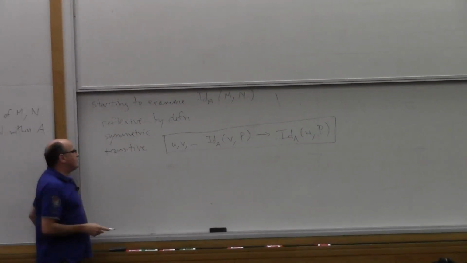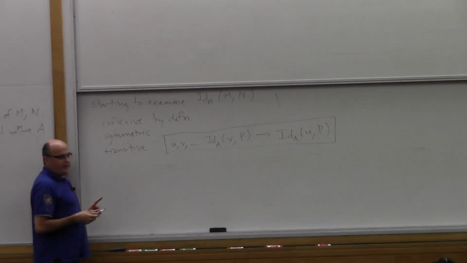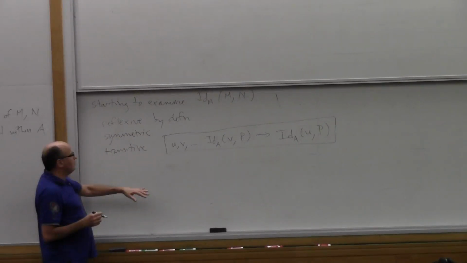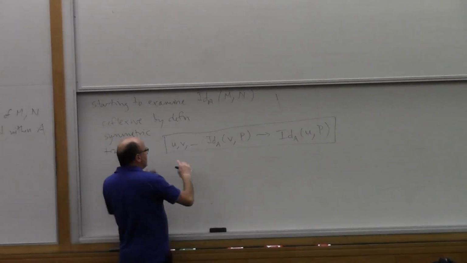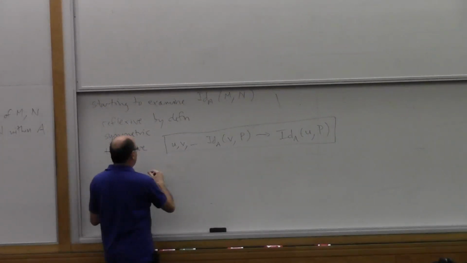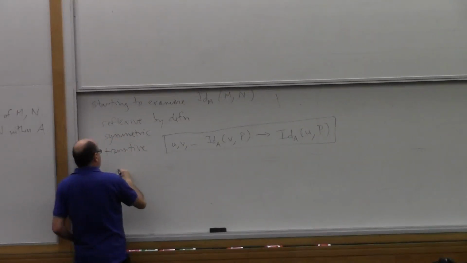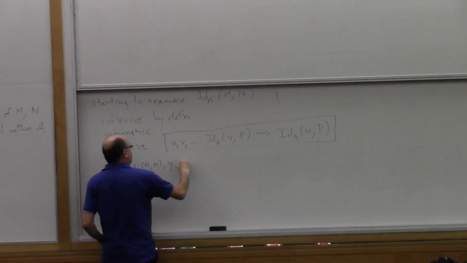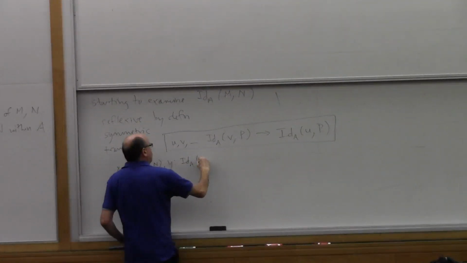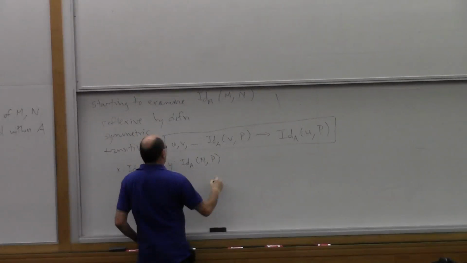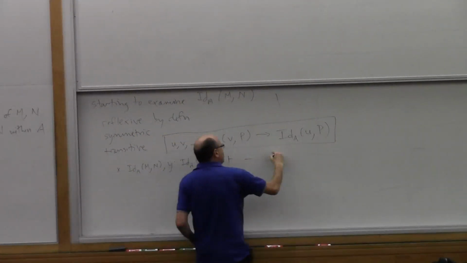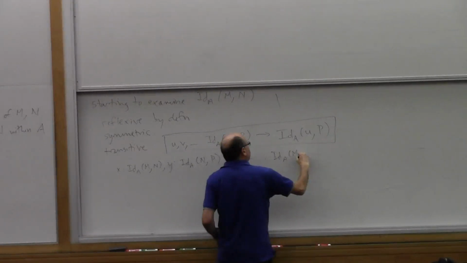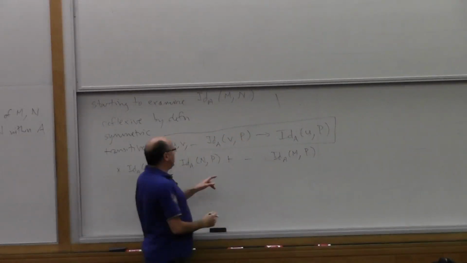Okay? If you use that as your motive, you need one instance of J. And remember, the conclusion will be you're going to plug in M and N. So when you plug in M and N, you're going to use that as the motive. And remember, we have assumptions: X is Id_A(M, N), and Y is Id_A(N, P). And we want to show something is Id_A(M, P).